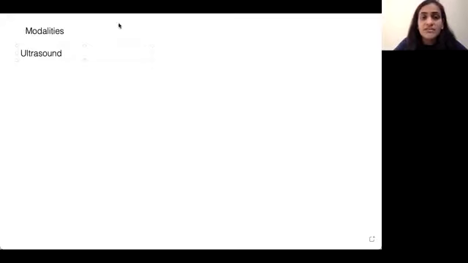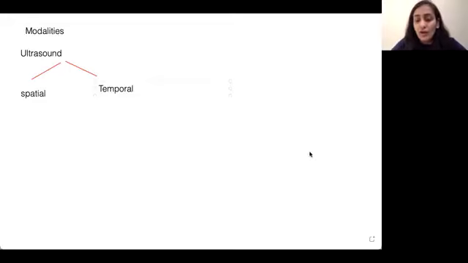Now, your ultrasound has characteristics. It has two kinds of characteristics. It can either have spatial characteristics or temporal characteristics. Spatial and temporal. What do spatial characteristics indicate? Spatial characteristics are the ones for your thermal effects. That means your continuous ultrasound.